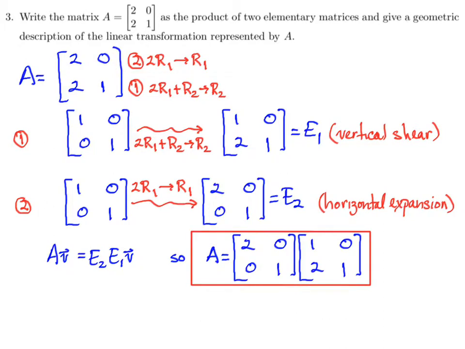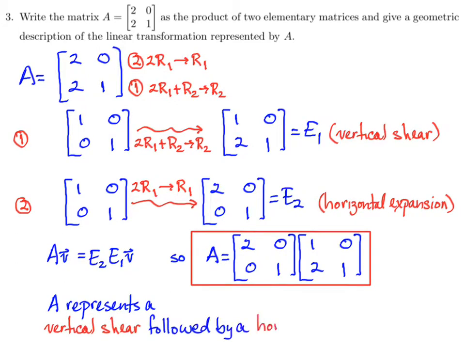E2 was [2, 0; 0, 1] and E1 was [1, 0; 2, 1]. So that means that A represents a vertical shear followed by a horizontal expansion in that order.